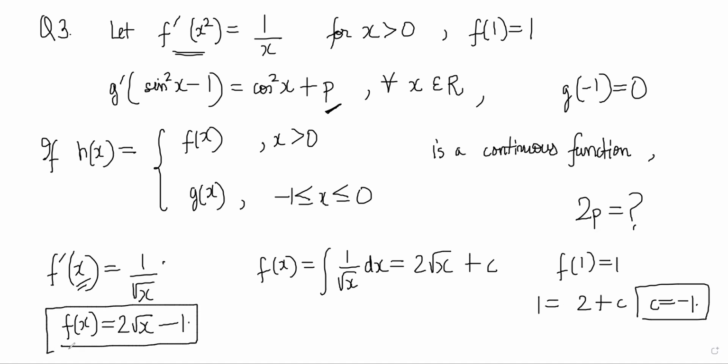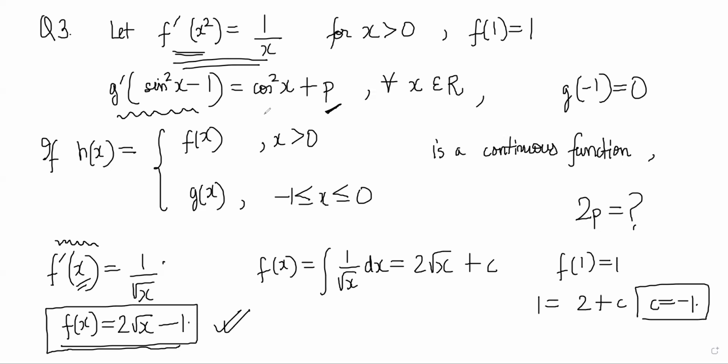So the mistake earlier was I was working with f dash of x square, and derivative of f of x square is not simply f dash x square. It also has a 2x term by chain rule. So the best way to work here, before integration, convert it to f dash x, replace x with root x, because the result was valid for all possible x's, right? So we get our f of x function from here now, right?